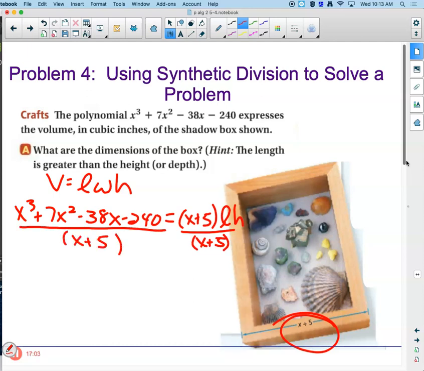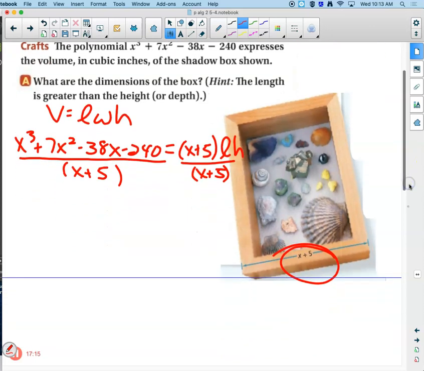So then the question becomes, can I use synthetic? Because I think we should all agree that synthetic is easier than long division, right? Takes less time? Yeah, and we can because it's got the x plus 5. So we'll make our upside down box. And what number should go out in front for A?